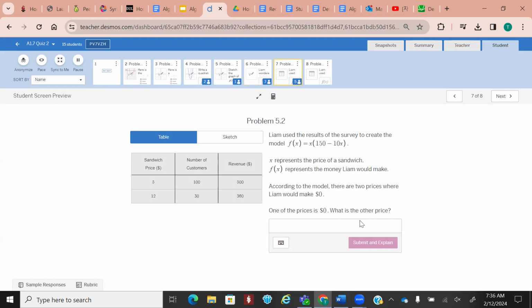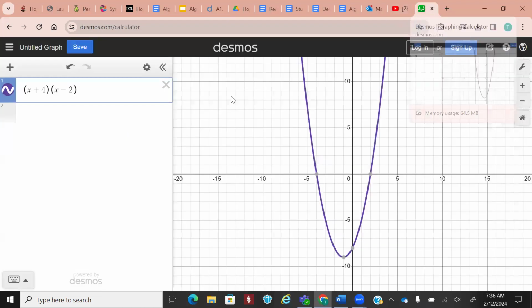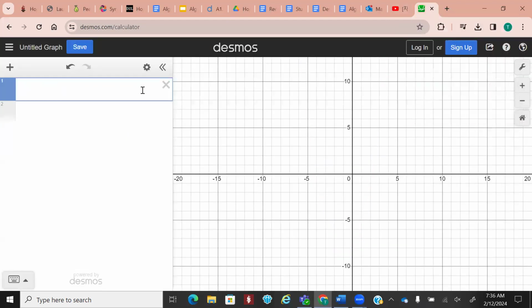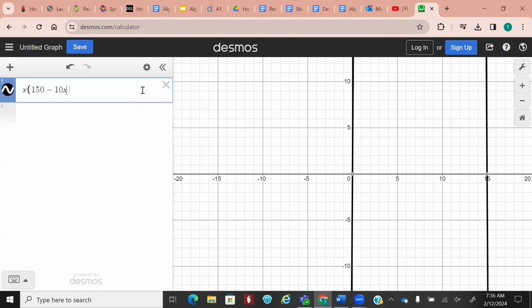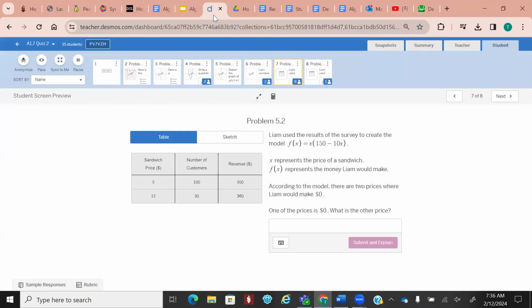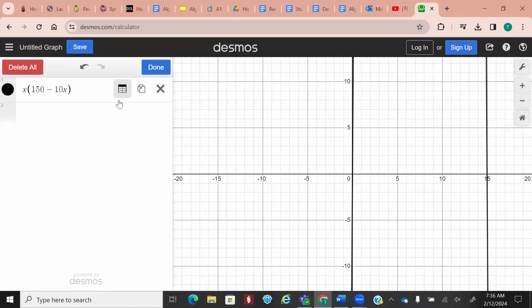One of the prices is $0. What is the other price that we could use to maximize the sandwich cost? Well, if we type this equation into Desmos, watch what happens. So we've got x times (150 - 10x). And then we can go to our table.